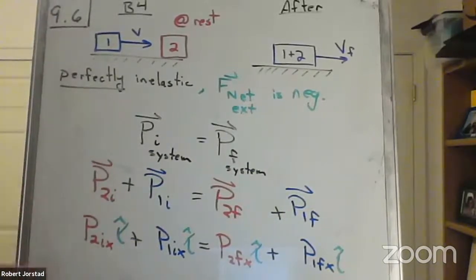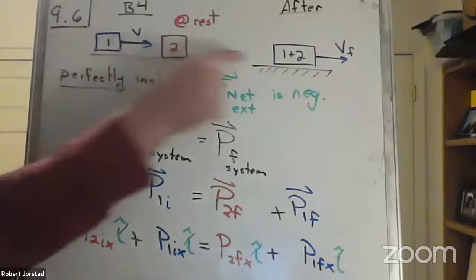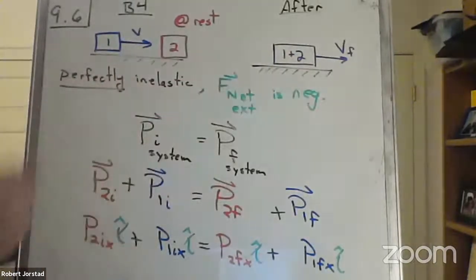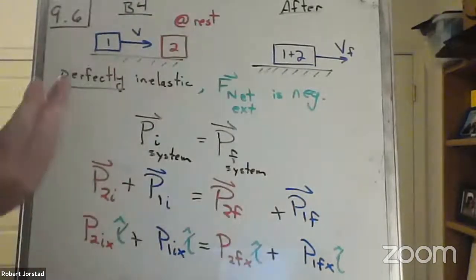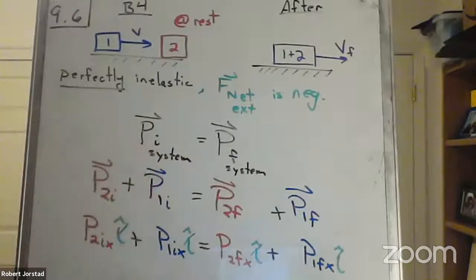If you could get in that habit from this problem, you're good. Now, I hope you agree everything in this problem is going to the right. So everything in this particular problem is going to be positive. So we don't really need to worry about minus signs for this problem, but future problems we might. So far, so good?